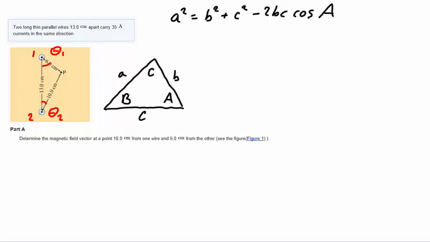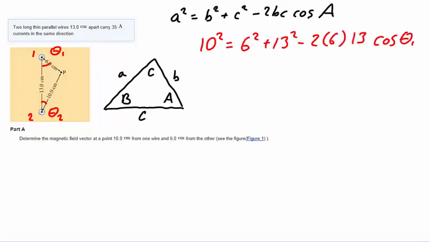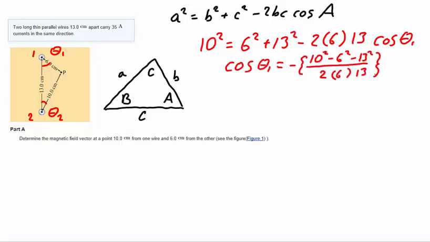Therefore, the a parameter in our law of cosines is going to be the 10 centimeters, and b and c are going to be the 6 and 13 respectively. Filling in the three known sides, we notice that there is only a single unknown in this equation, and that is theta 1. We'll first solve for the cosine of theta 1, which yields the expression negative 10 squared minus 6 squared minus 13 squared, divided by twice 6 times 13.